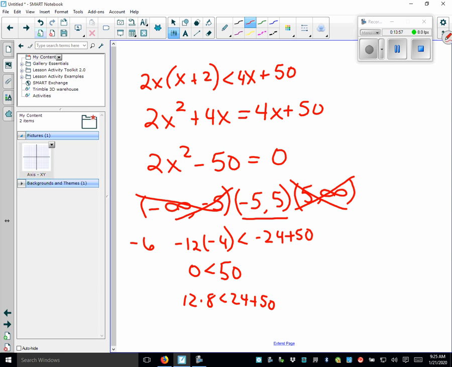Can you guys work these? You're good at these? What is this called? Solve the inequalities. Because when I put a negative 6 in, I got 48 is less than 26.